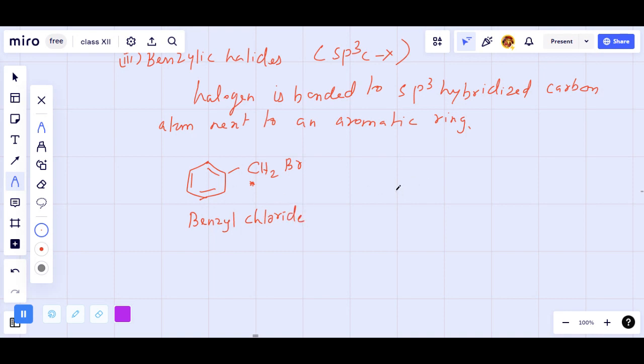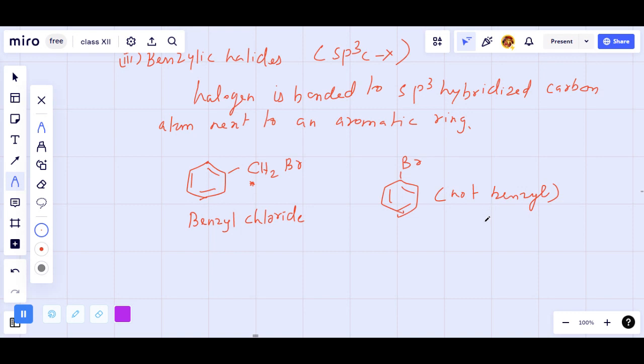And if it is like this, this is not benzyl.